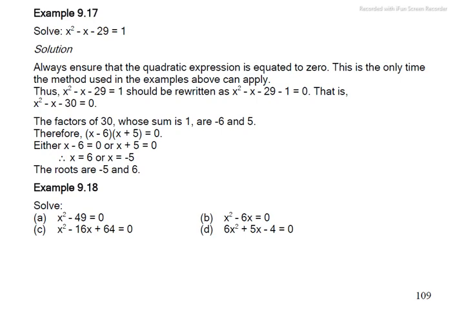So where we have negative x, we put negative 6x plus 5x. Then we get four terms which are paired, and we find the common factors out to give us the two brackets we want. Those two brackets will be x minus 6 into x plus 5 equals 0. And we equate each bracket to 0 to find the value of x. And those are the roots they are asking for.